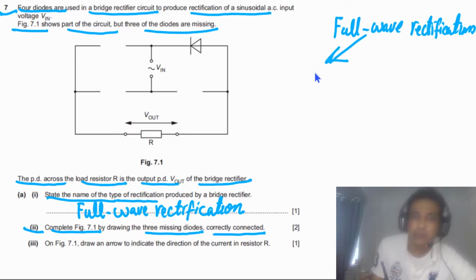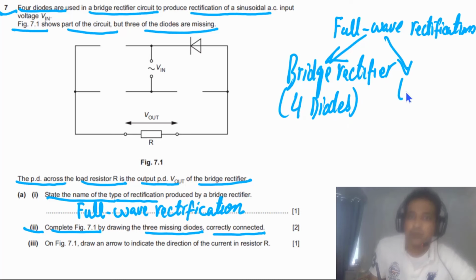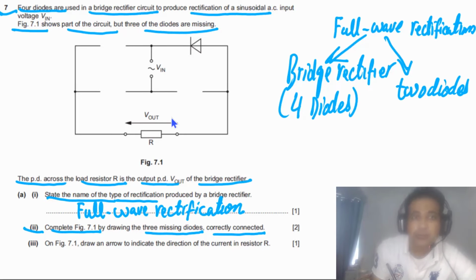One way to achieve full wave rectification is a bridge rectifier, which means we can use 4 diodes. So this is one way. And the second way is we can also do this with the help of 2 diodes. We can also achieve full wave rectification. For half wave rectification, we can only use a single diode. So this is full wave rectification.